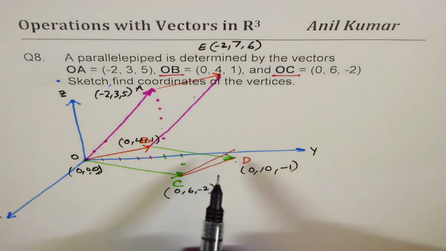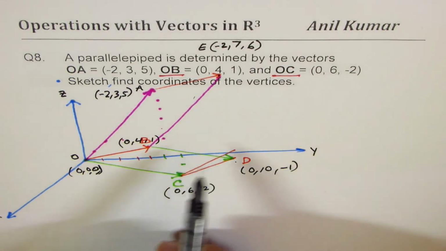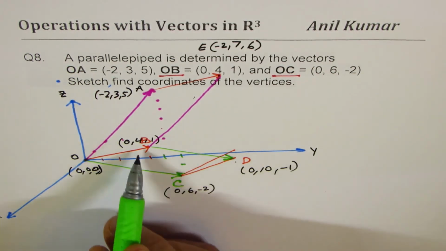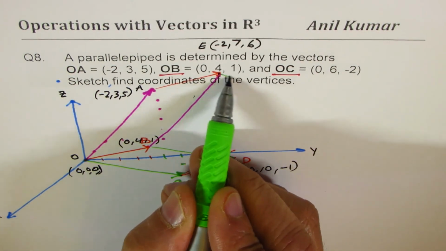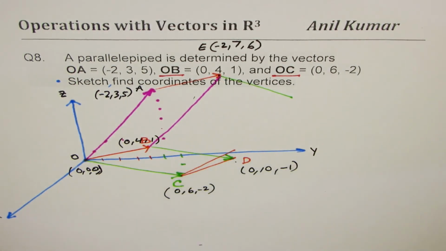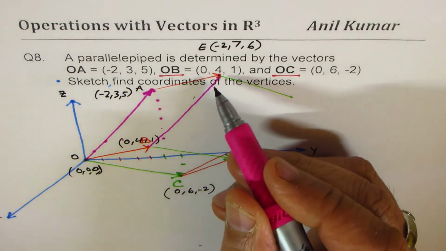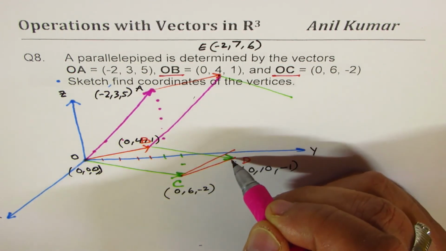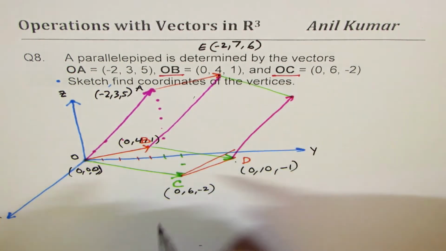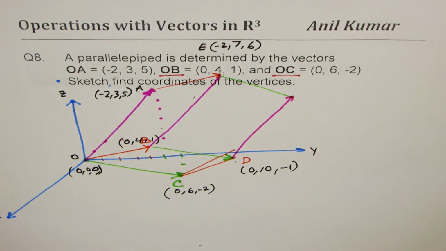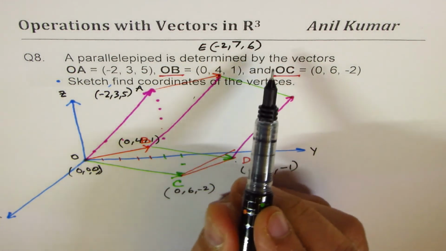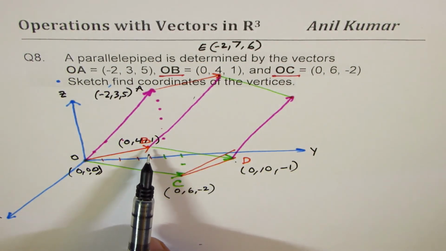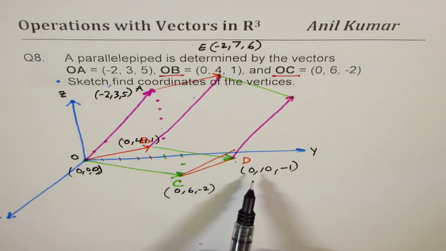So we are on the back side, so we'll go with D now and combine. We have to draw a line which is parallel to BD from here, right? So parallel to BD from here. And from here, we have to draw a vector which will be parallel to OA, kind of like this. The coordinates of this point will be, we have to add to E the location of D, right?